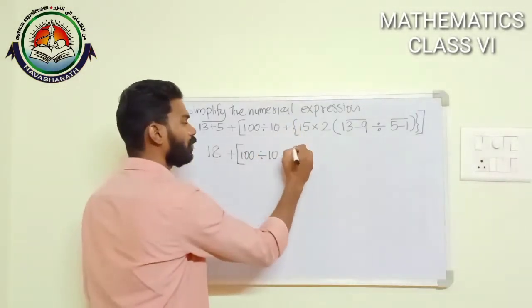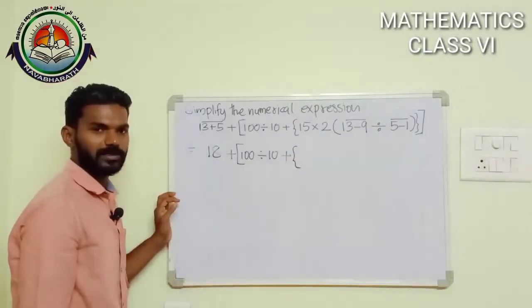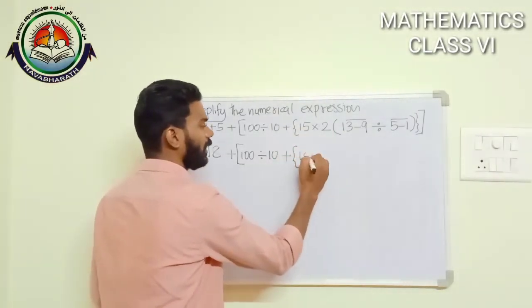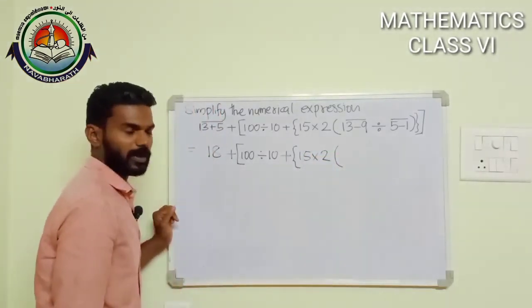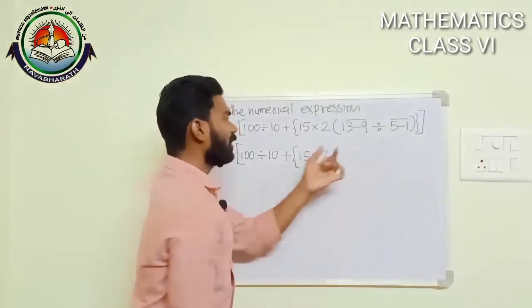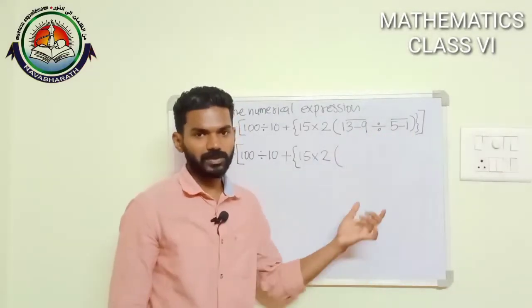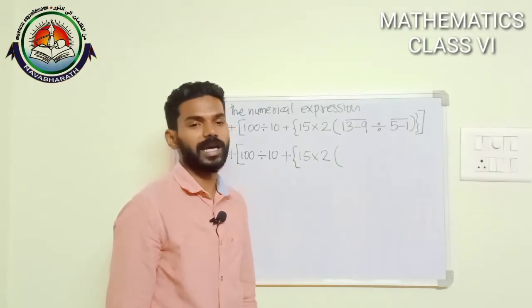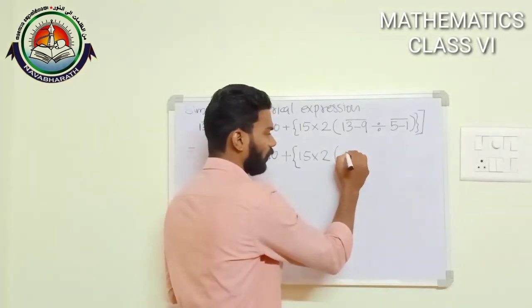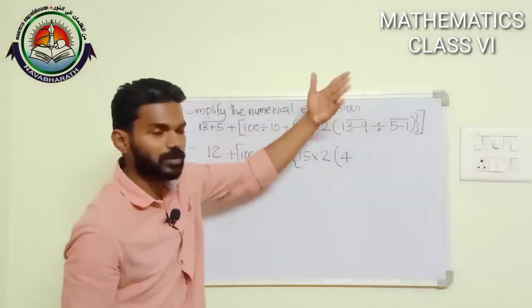Then plus. Again there is a bracket, a double bracket. There is 15 into 2. Then there is an open bracket. Here comes the bar, so solve it. 13 minus 9, which would be the answer? It would be 4. So this bar is now solved.